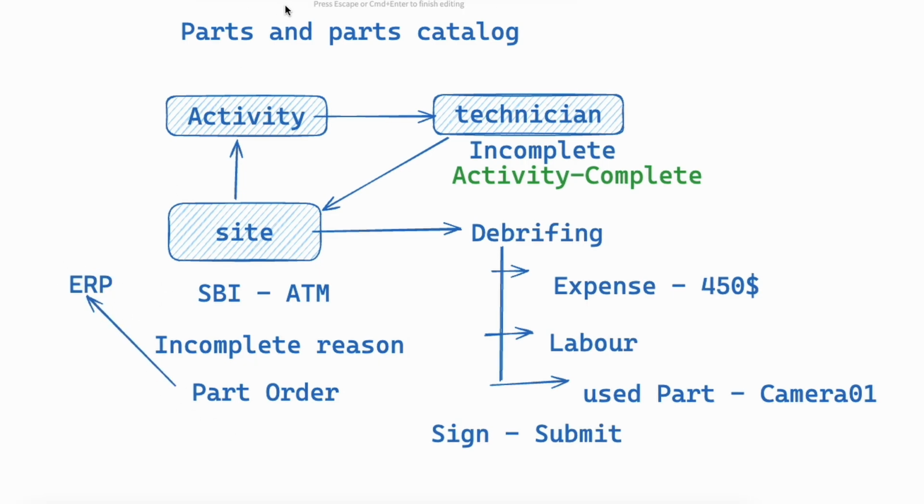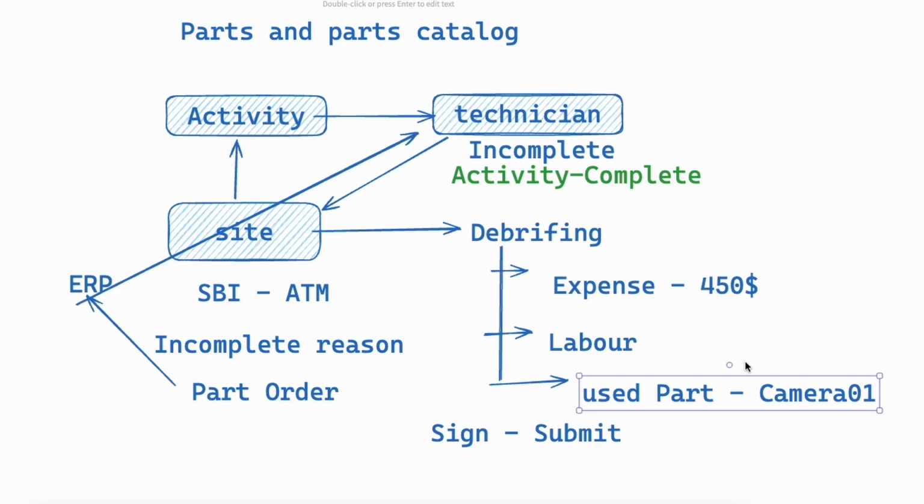And the part will be sent to the technician. Then again a follow-up activity will be created and he will go again to the ATM and complete the task. So here you can see the part is there. If he doesn't have information on all the parts, then he would not be able to work on an activity.